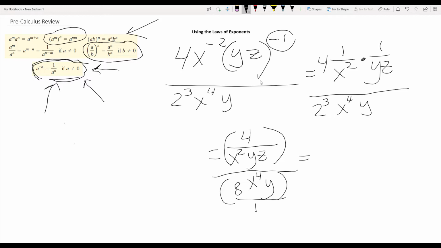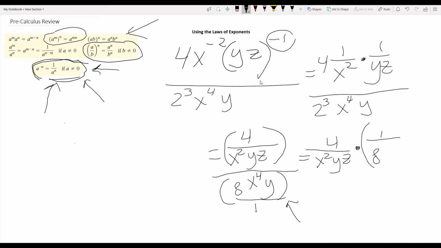Okay, so now you have 4 over x to the second power yz. We'll reduce this a little so we have more space. Okay, times. What is the reciprocal of this? Well, that is simply 1 over 8.